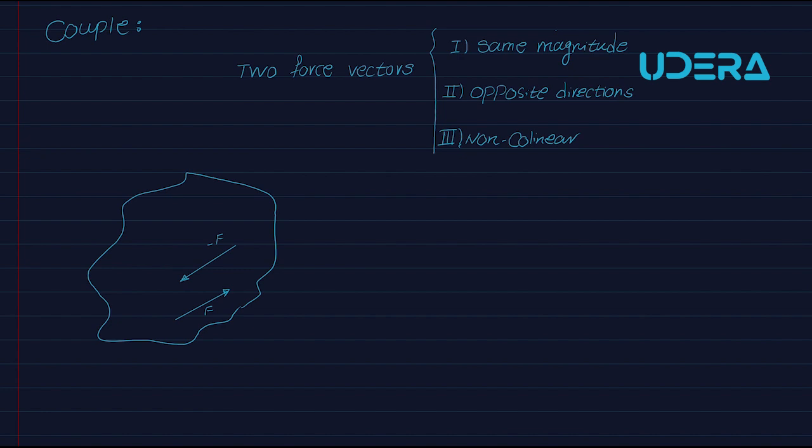So if the first one is F, the other one is the negative of the first one, which is minus F. Then they are in opposite directions and non-collinear. They are not collinear. So I'm going to find the moment of these two force vectors about point O.